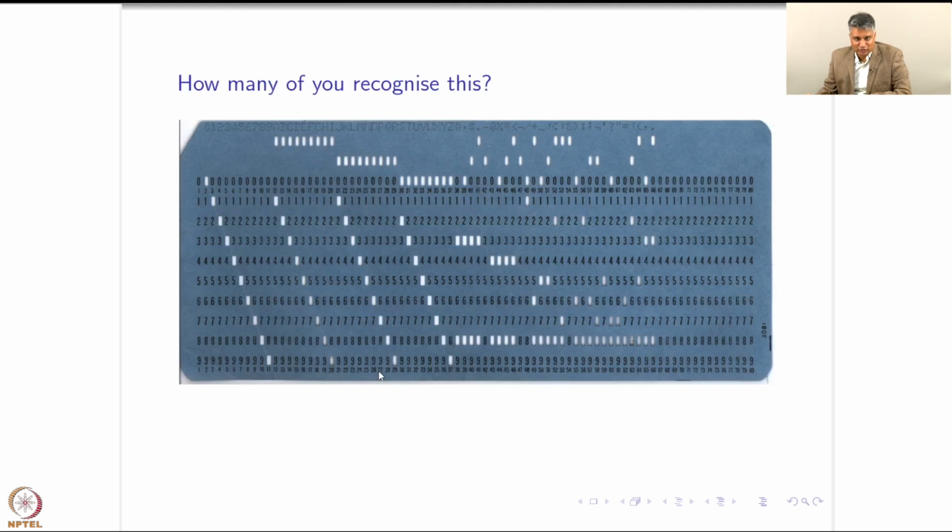So this is an image of the precursor to inputs to a modern day computer. Many of you might not recognize this, but this is what is called a punched card. The punch card would actually be the set of instructions that a computer needs to execute based on the program that one writes.